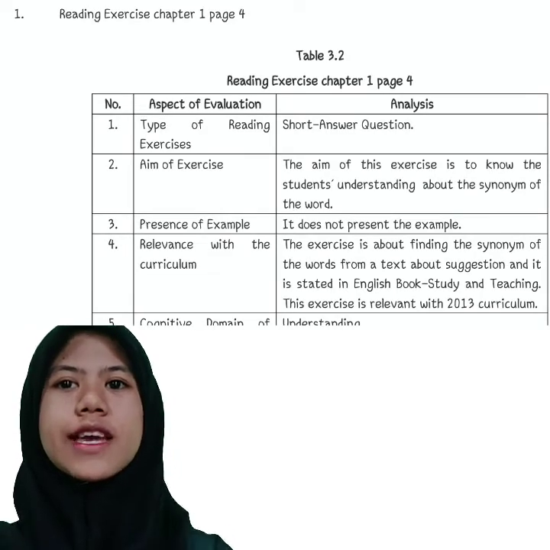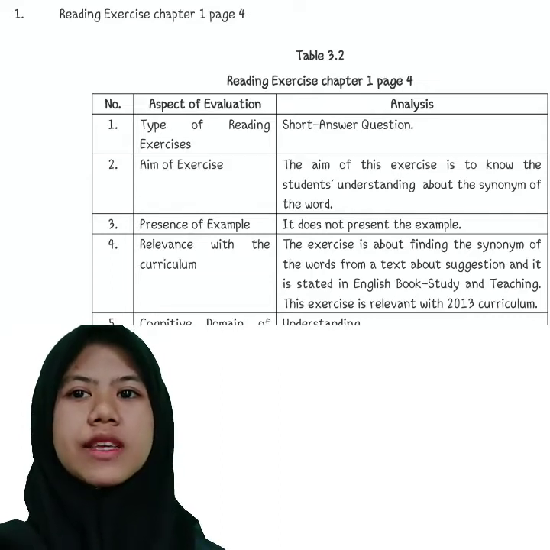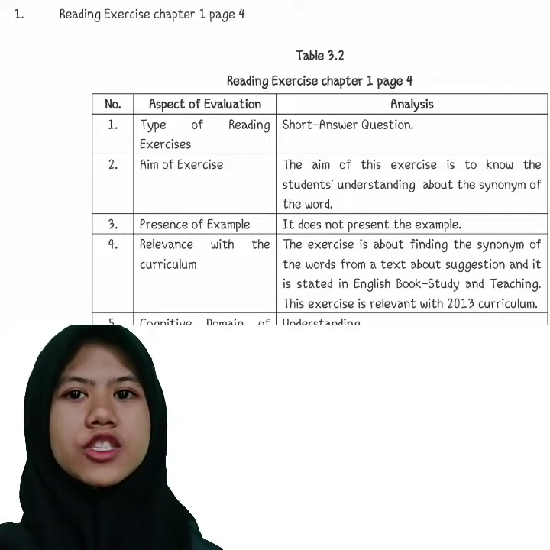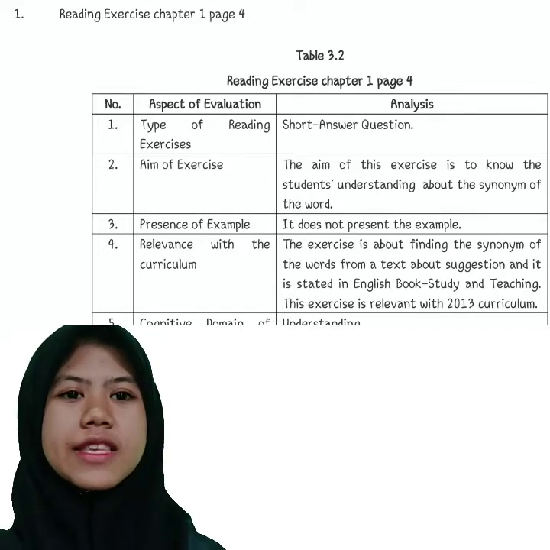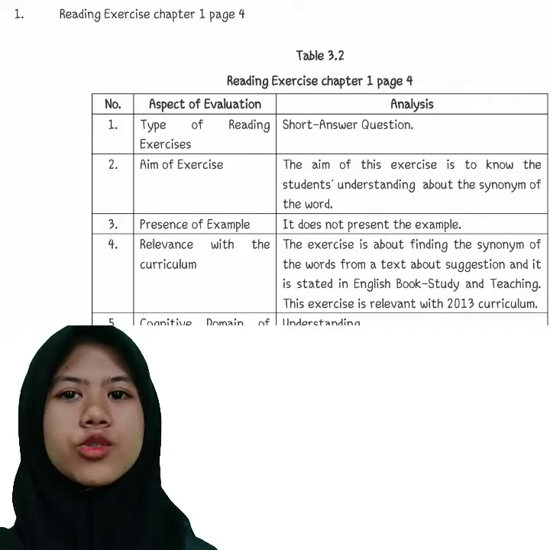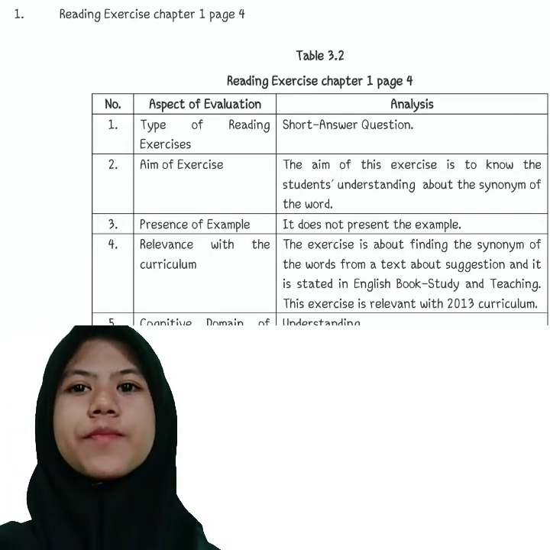And then for the distribution of the cognitive domain and the analysis of reading exercises, we can see in this paper. So the first exercise we can find in chapter 1 page 4. The type of the exercise is short answer question, and the aim of this reading exercise is to know the students' understanding about the synonym of the word.